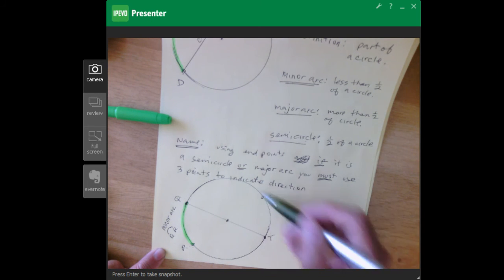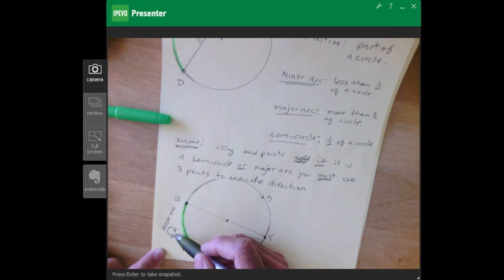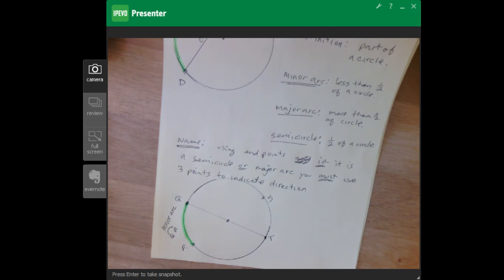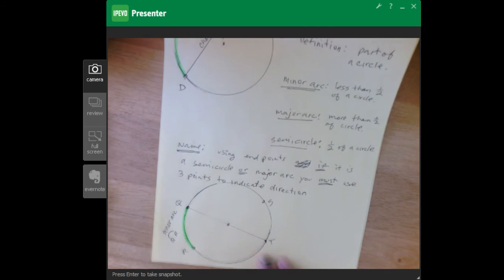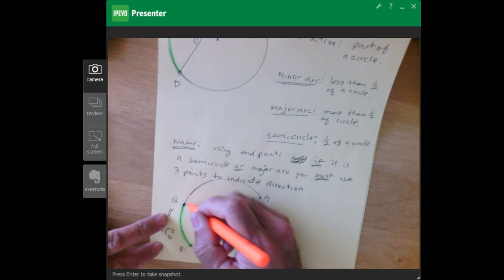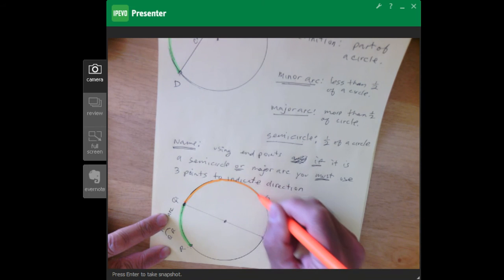Now, if we want to go the long way and we use QR, that would be confusing, possibly, because we wouldn't know which direction to go. So to indicate the direction, you have to include one of these other points that it passes through.